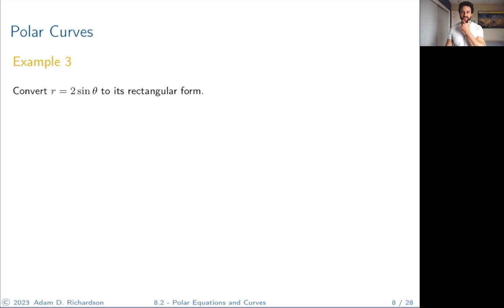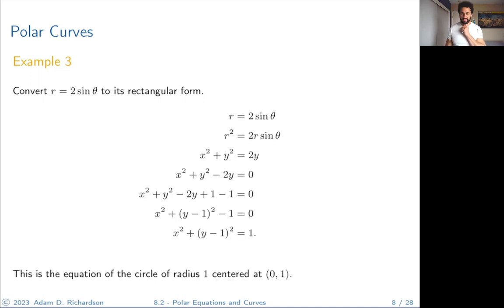Let's see, we're given r equals 2 sine of theta, but that's about it. So I think I'm going to go to my slides before I mess anything up. That's right. There's a nice little trick you can use here. Multiply both sides by r, and then you get r squared is equal to 2r sine theta.